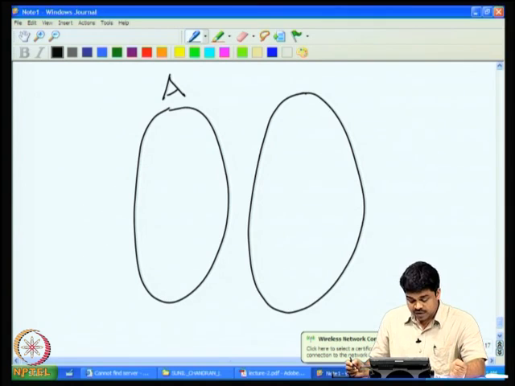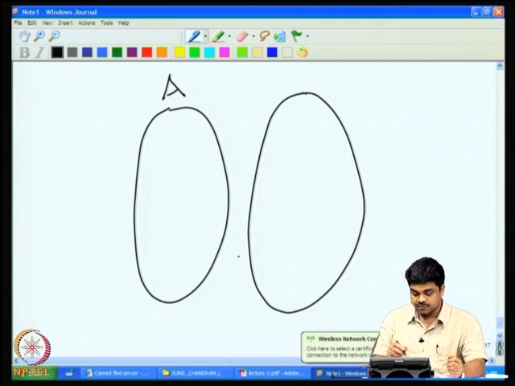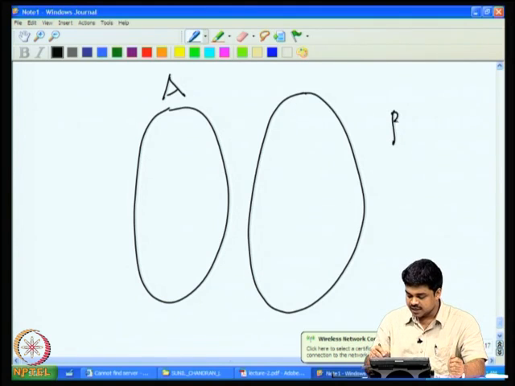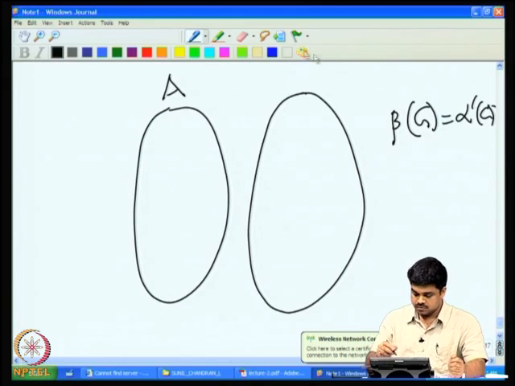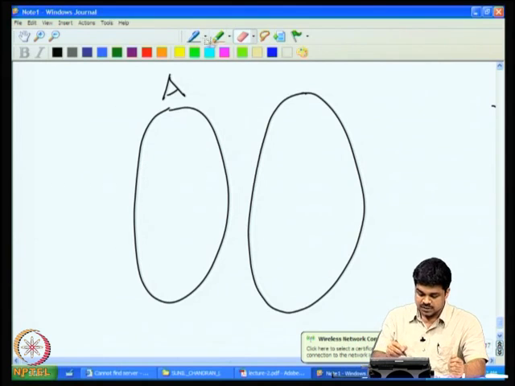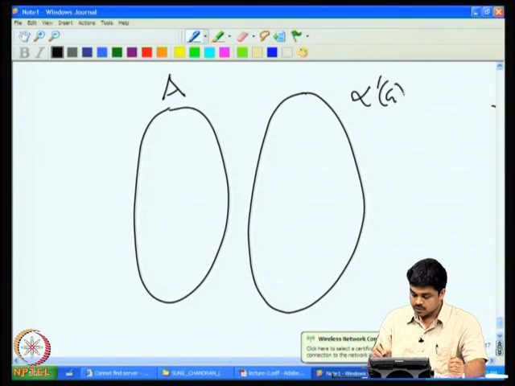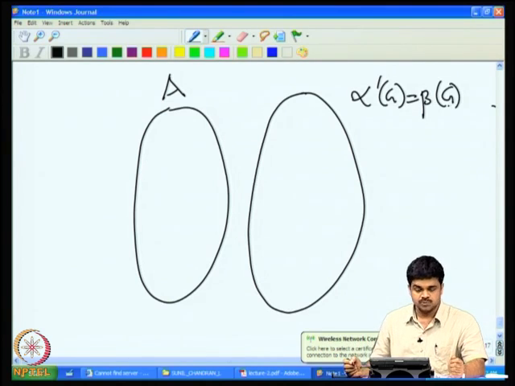We will consider the minimum vertex cover of this bipartite graph. We know that the minimum vertex cover cardinality beta of G is going to be equal to the cardinality of the maximum matching.